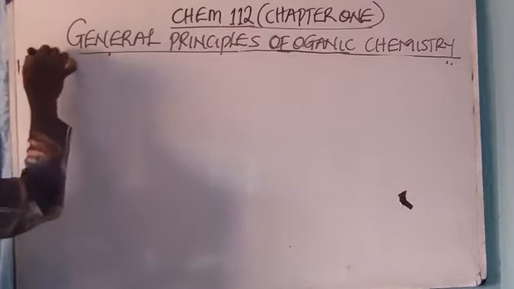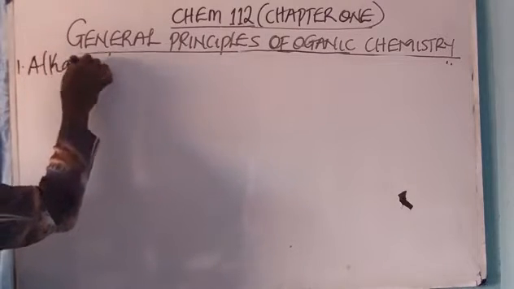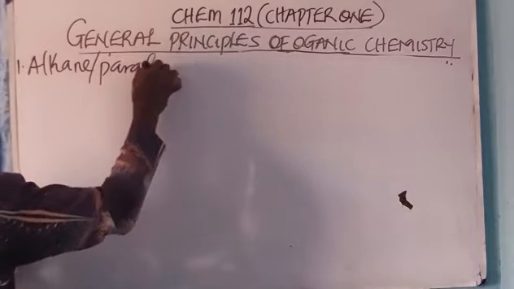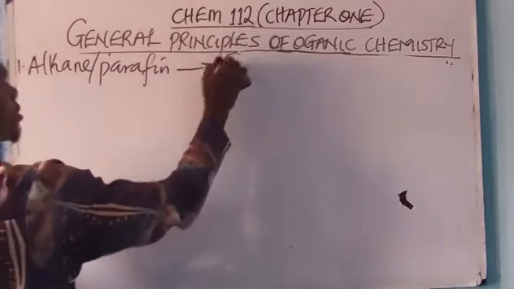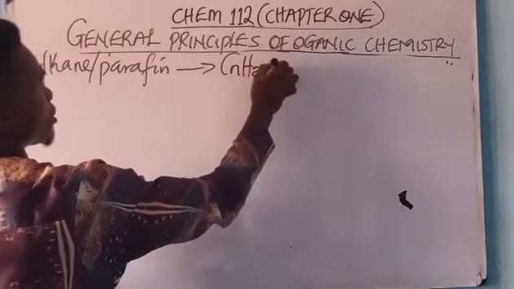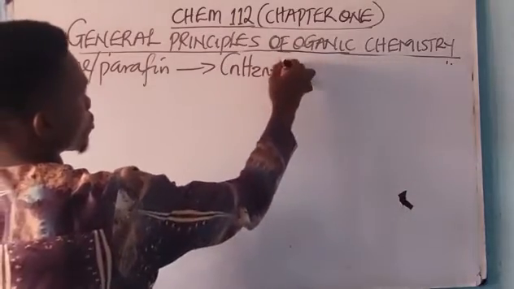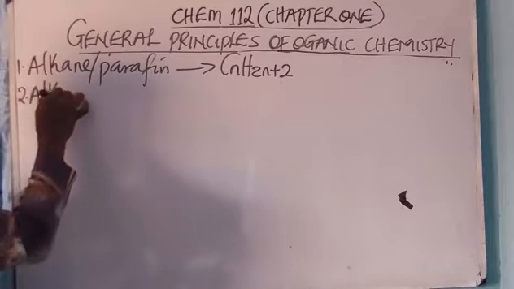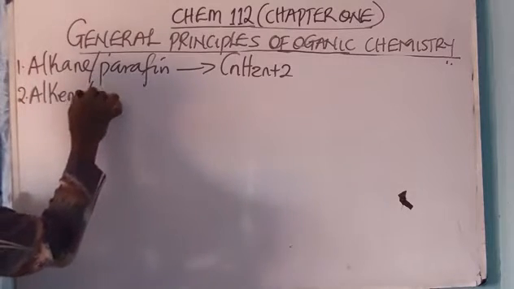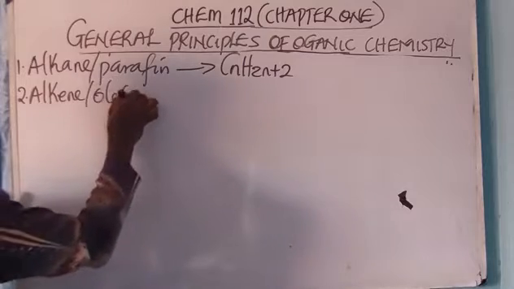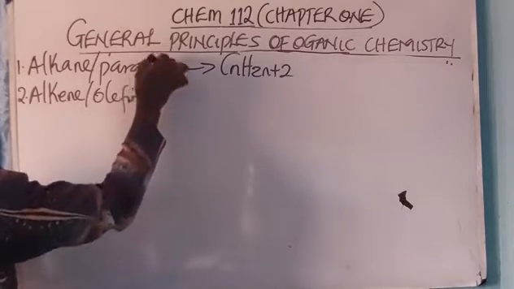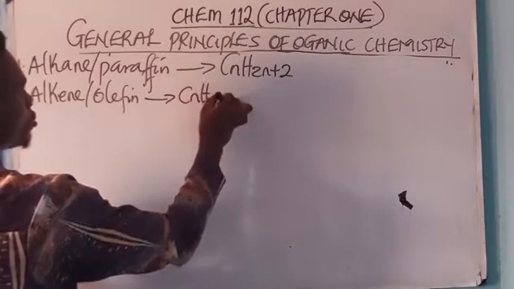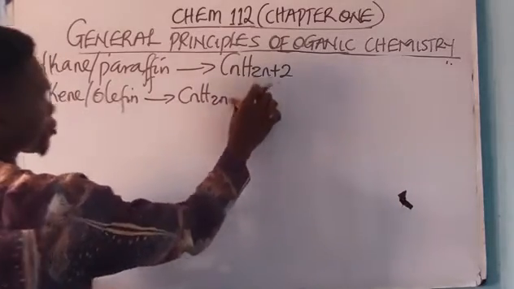Number one, I'll give you alkane. Alkane are otherwise called what? Paraffin. The formula is CnH2n plus 2. Then number 2, alkene. Alkene is otherwise called what? Olefin. Okay, paraffin is double F. I have CnH2n.